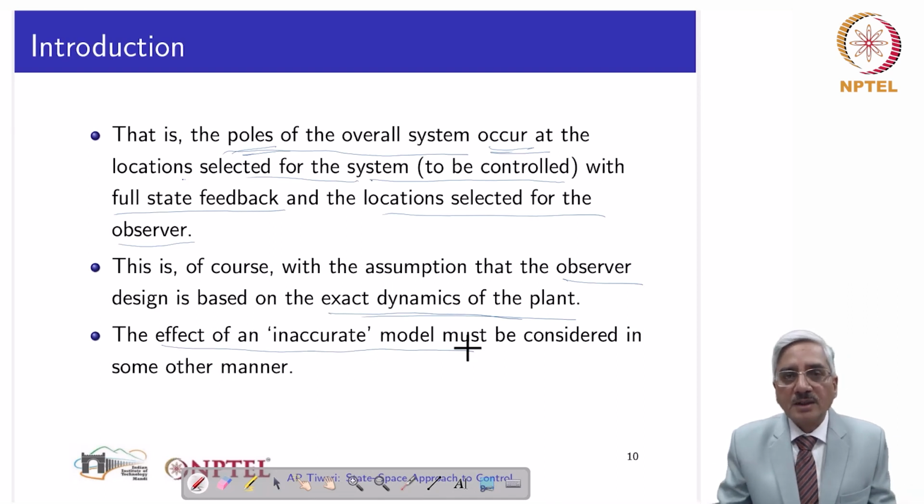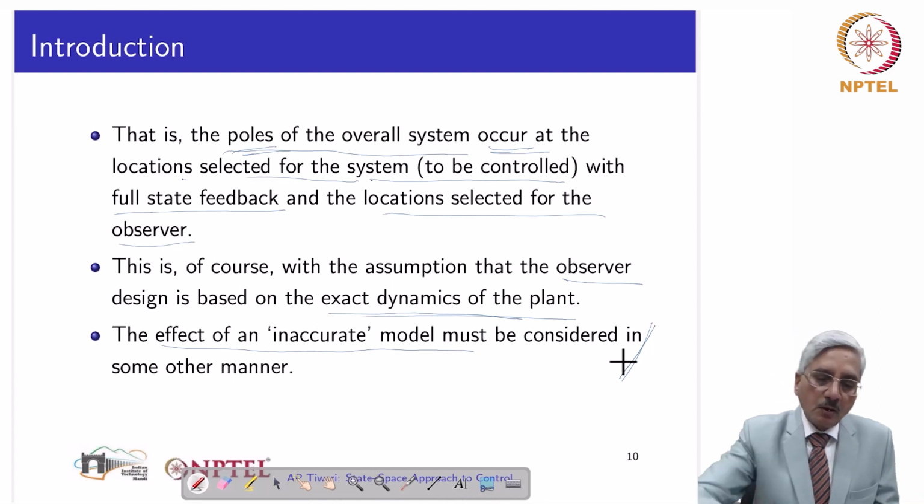This is outside the scope of our discussion, but there must be some way to analyze, to find out the effect of the inaccurate model. There must be some way, in some manner, this has to be factored into a practically useful design. We proceed ahead.